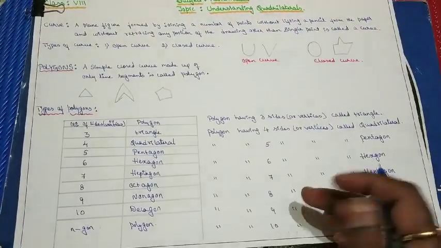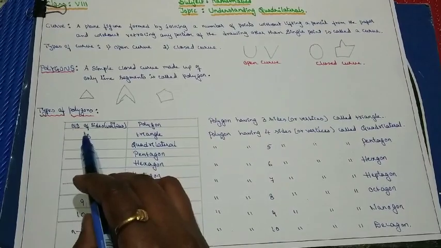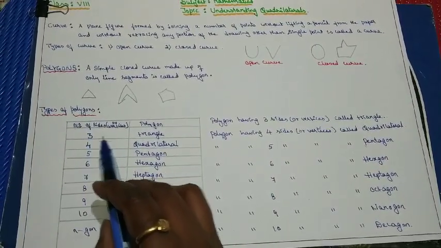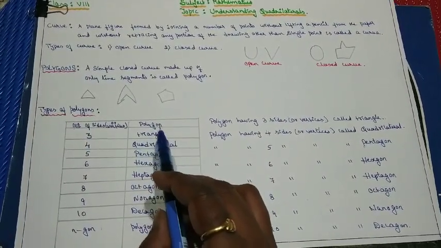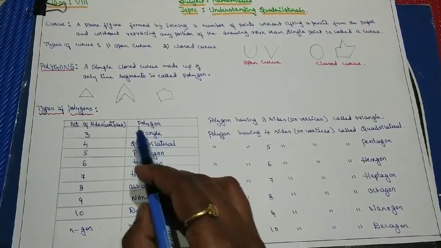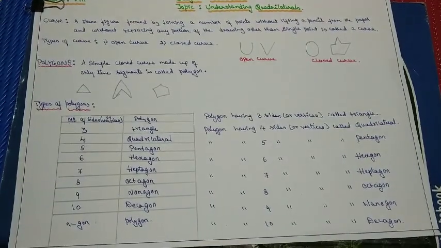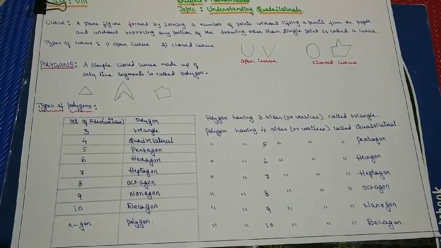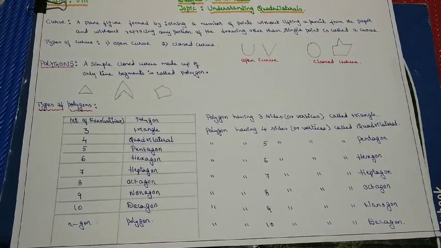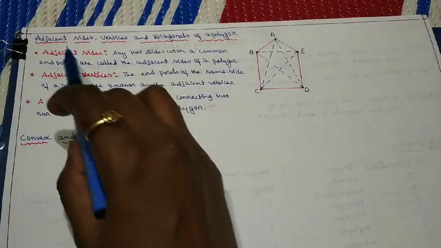But remember, to make a closed figure polygon we require a minimum of 3 sides or 3 vertices, and that polygon is called a triangle.